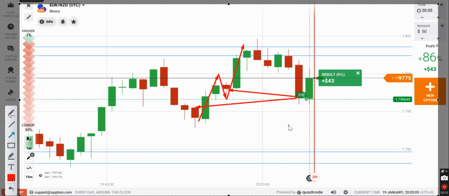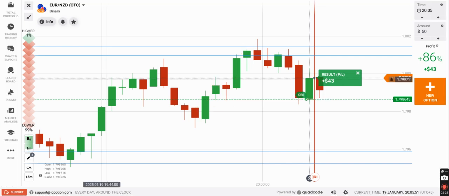You are having so many reasons, and let me show you what you all see. You are also having this support here, and this hammer here. So in this one area you are having 5 to 6 confirmations.